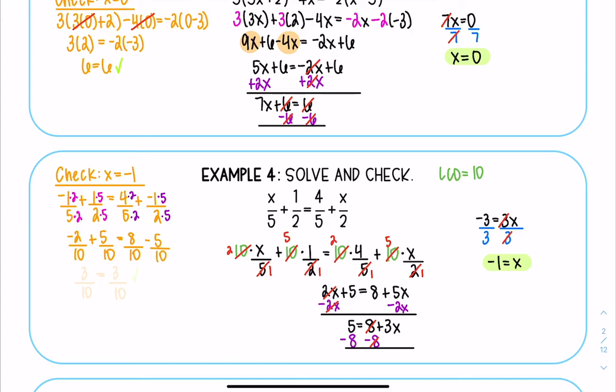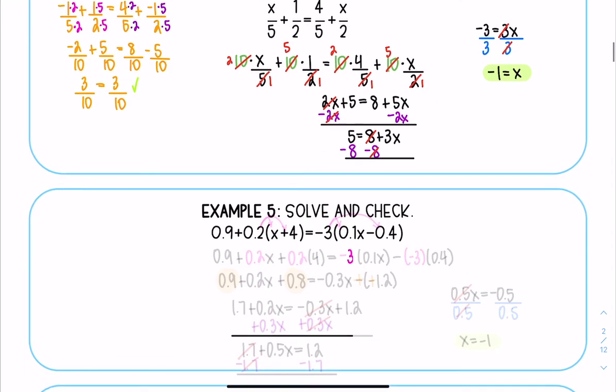And so because we have common denominators, we can just simplify the numerators. Negative 2 plus 5 is going to give me 3 over 10. And 8 minus 5 gives me 3 over 10. And that's definitely a true statement. And so we know that x equals negative 1 is a solution.